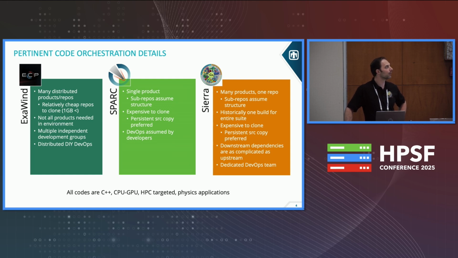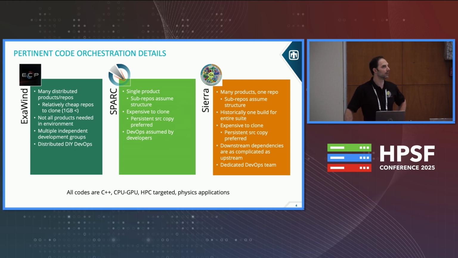And then in Sierra, it is the combinatorial explosion of both of these. There are many, many products, but one giant mega repo. There is some sub-repo stuff, but generally it is one gigantic build. It is much more expensive than these other two combined to handle the source code.